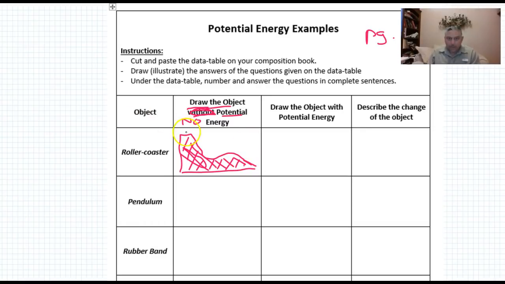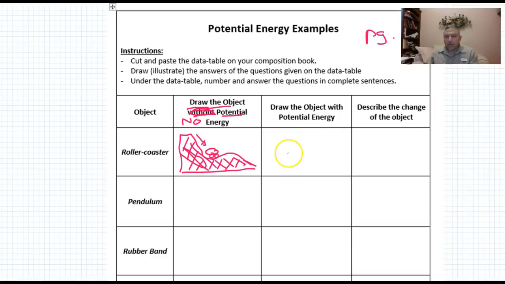But over here on the top, with no potential energy, remember that the cart is going to be here on the bottom as it goes down the ramp. At the lowest elevation, it has no potential energy, and at the highest elevation, it will have the most potential energy. Now, this is potential energy, guys, so keep that in mind.